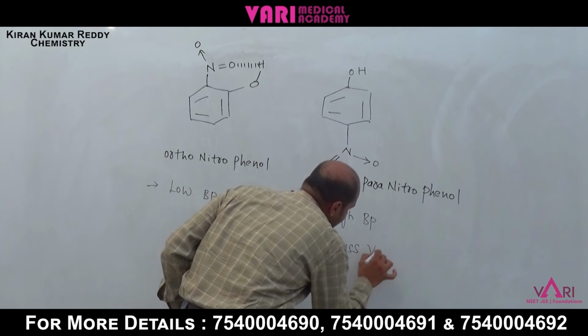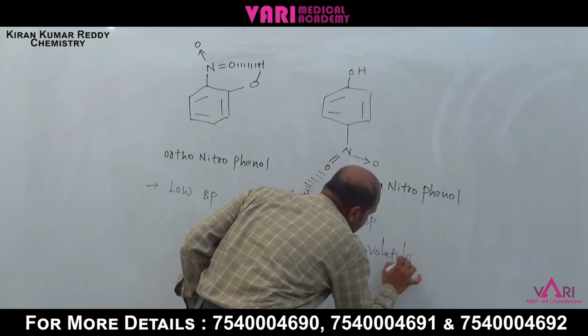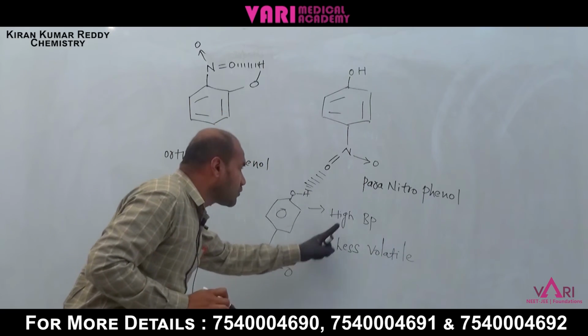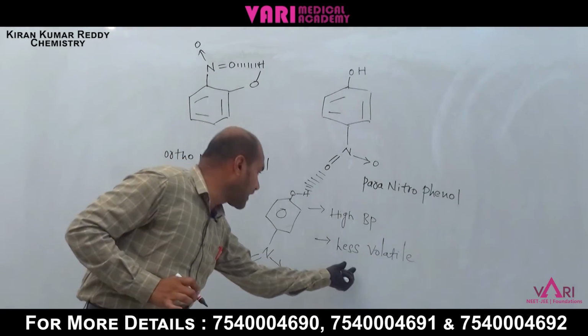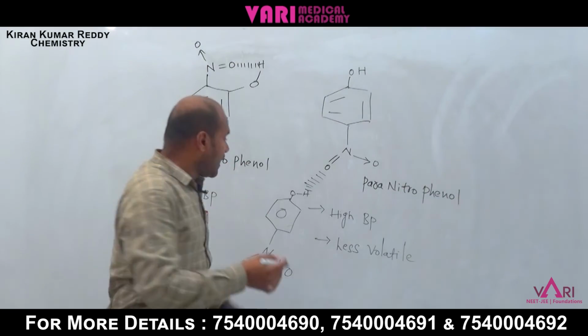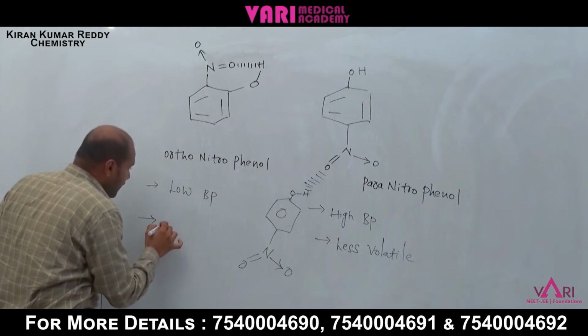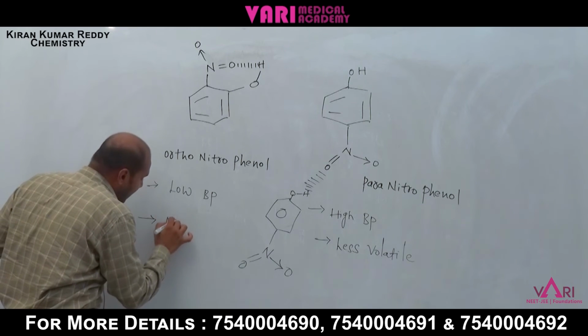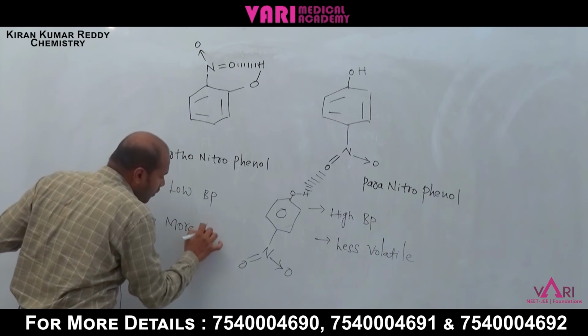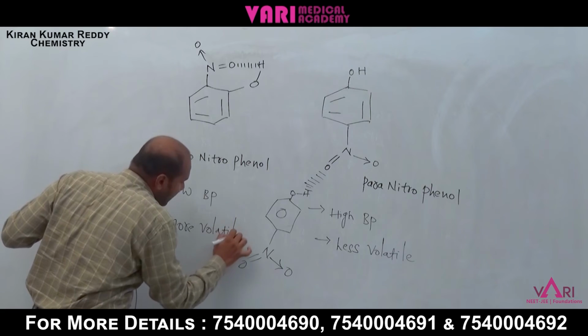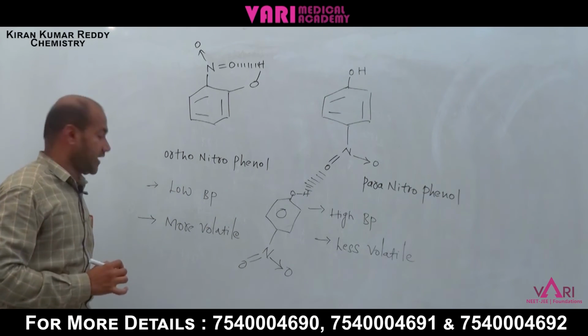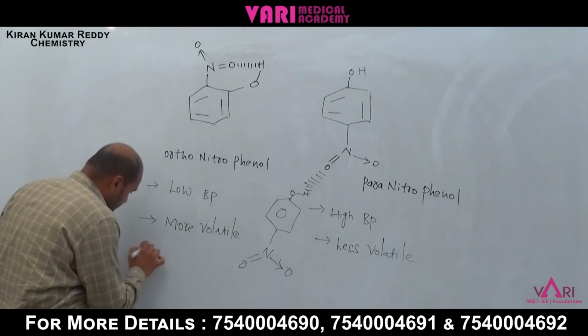This one is less volatile, which means a higher boiling point. Volatile means easily evaporated. Orthonitrophenol is more volatile. More volatile means a lower boiling point and more vapor pressure.